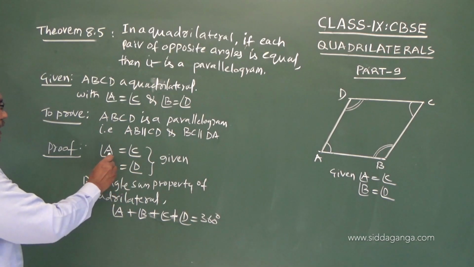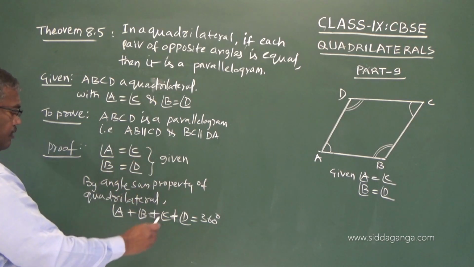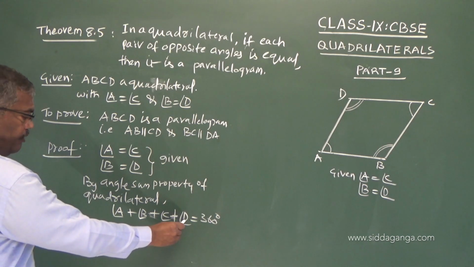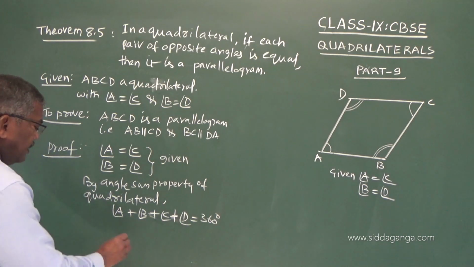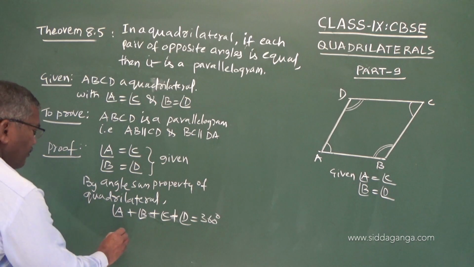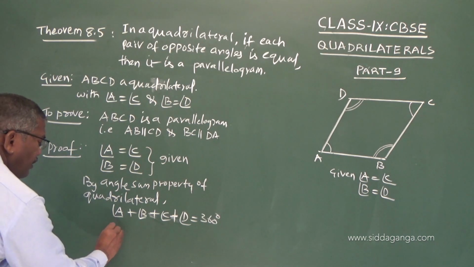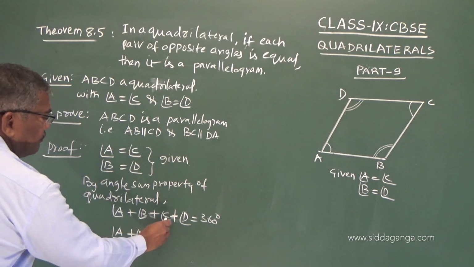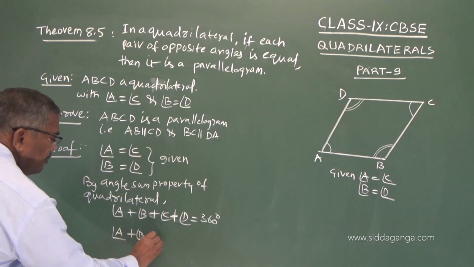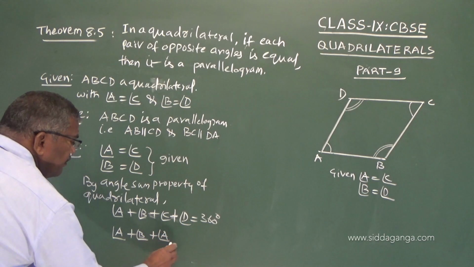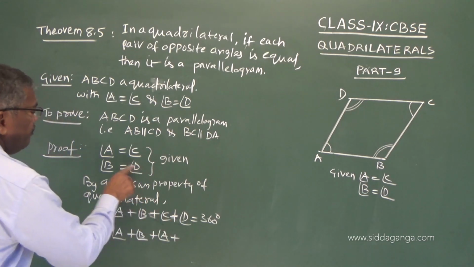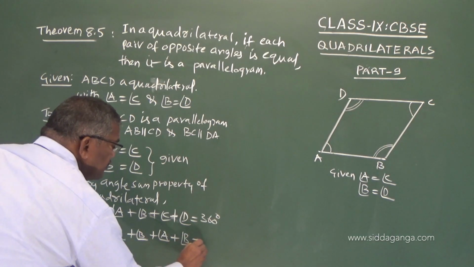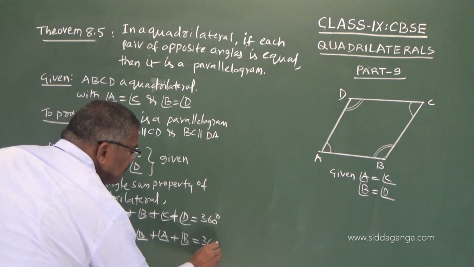But we have A equals C and D equals B. So therefore we can write A plus B, and instead of C I will write A, and instead of D I will write B, is equal to 360 degrees.